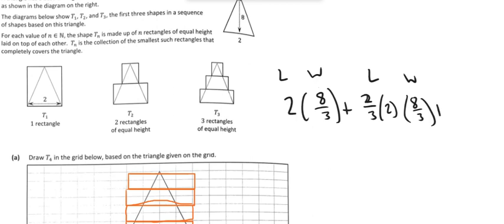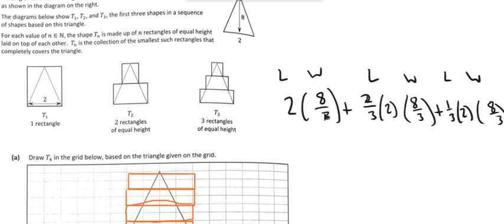So add on then the length and the width of the top rectangle. The length would be 1/3 times 2, so 1/3 of 2. And then the width would be 8/3.